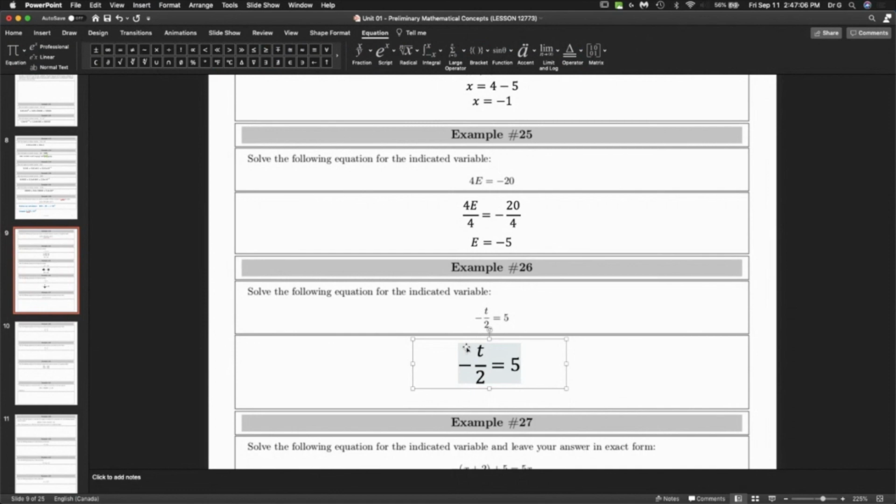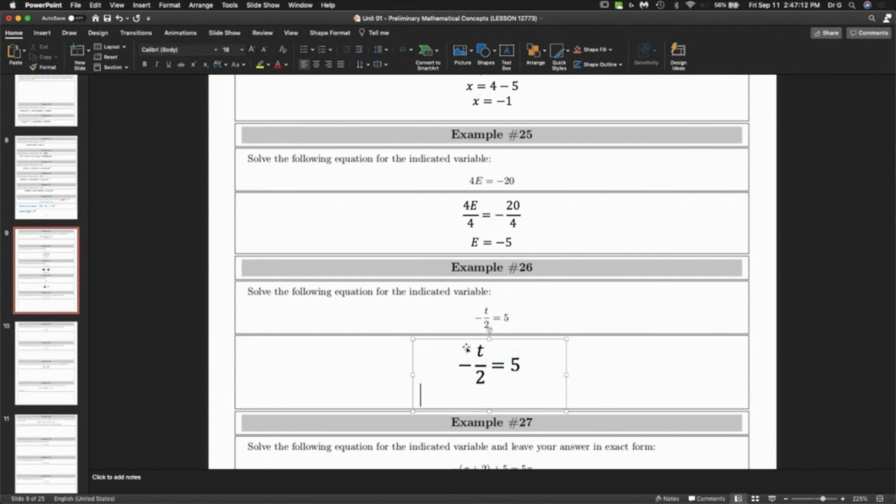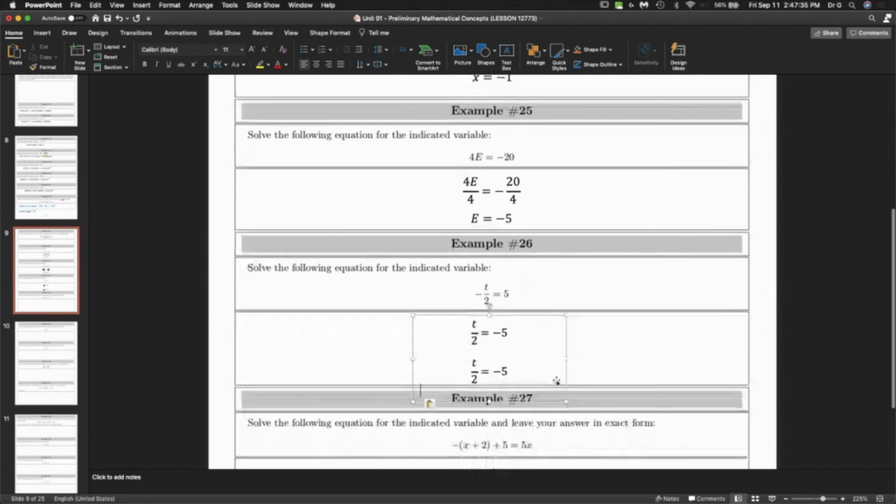I want you to see how I'm doing things, the pace that we're establishing, and how fast you need to be able to work for the lesson. In this case, you have a negative and you have a division by 2. So the first step that I would do is this. You can just move the negative to the other side by multiplying by -1. Now, I would do that right away if that's something that you feel like doing.